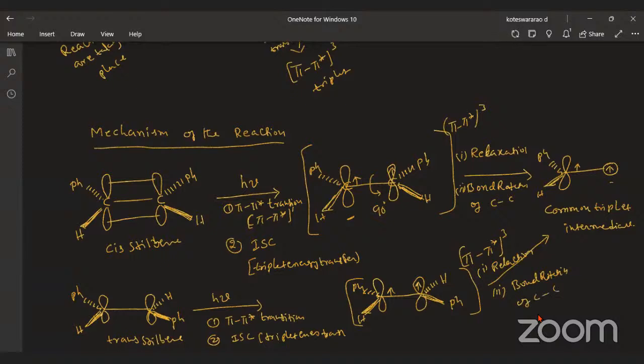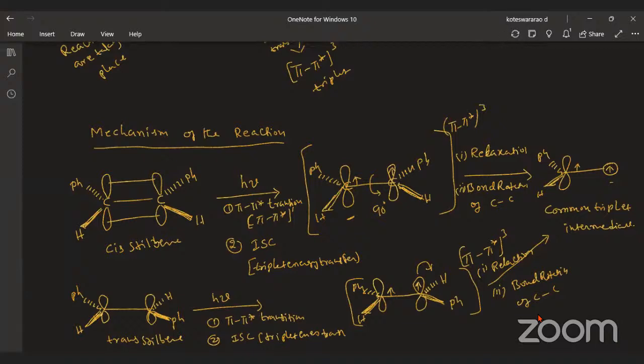Bond rotation of the C-C bond leads to the formation of the same intermediate. It undergoes a 90 degree rotation. Then, whenever you are watching this orbital, you can see only one lobe. The backside lobe will be hidden. Therefore, it appears like a circle.